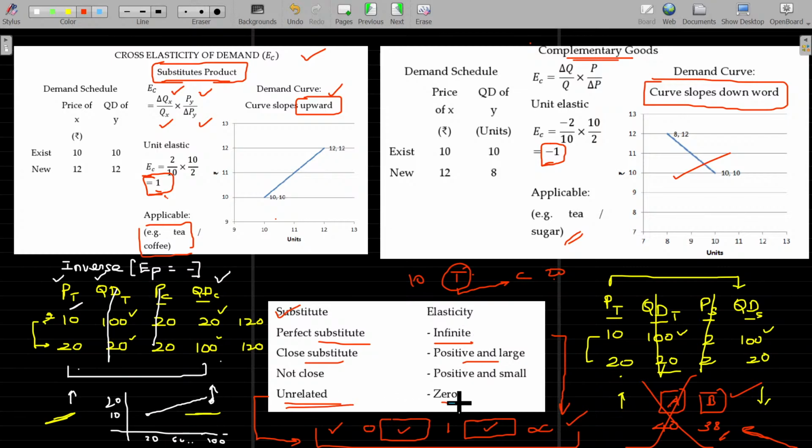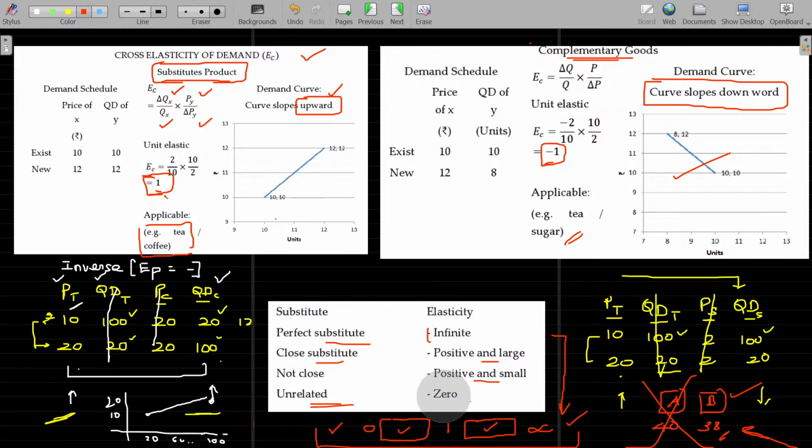If there is no relationship, then it is called 0. Perfect substitute, the elasticity will be infinite. Unrelated, 0. Anywhere between, a close substitute, then it's positive and large. Not so close means positive and small. So these are the cases you have to keep in your mind.